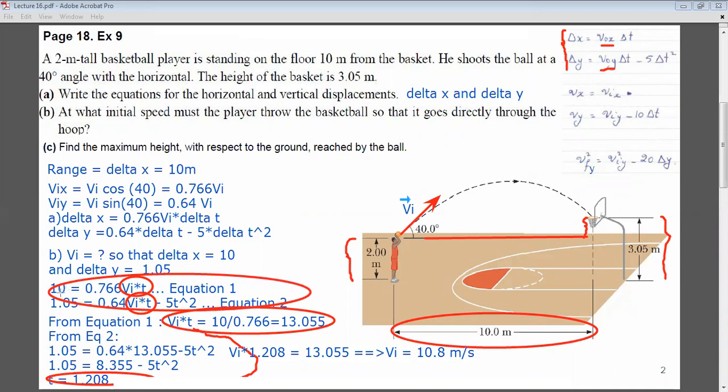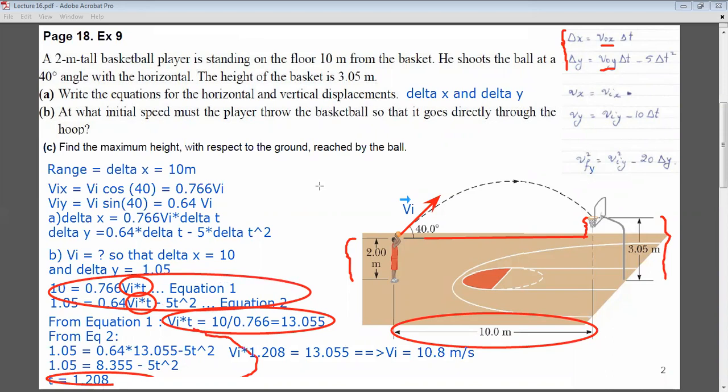Sorry, Vx, delta X is 10, delta Y is 1.05, and I plug in the equations, and then I solve for t, and from there I get the initial v. Okay, so this is part B.